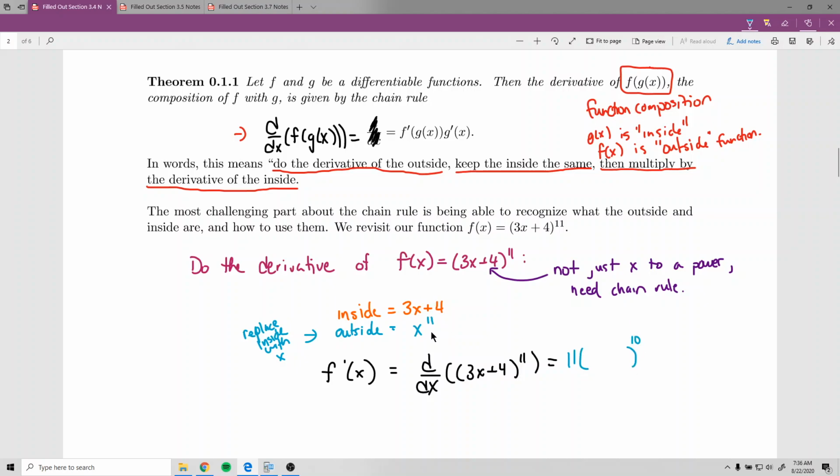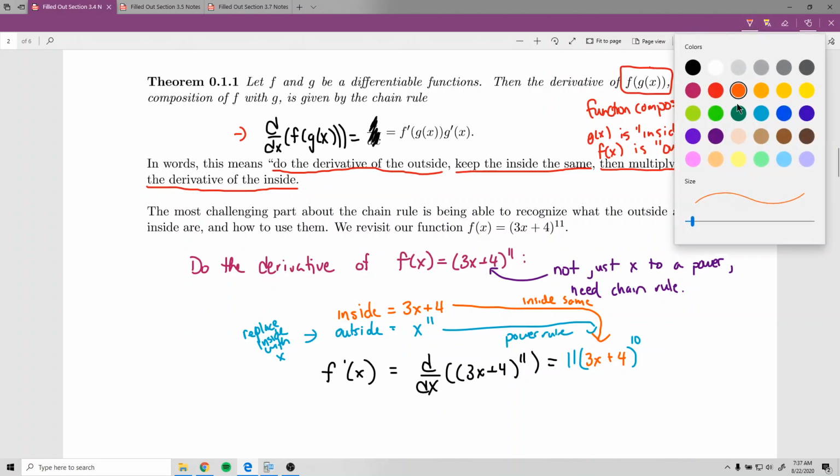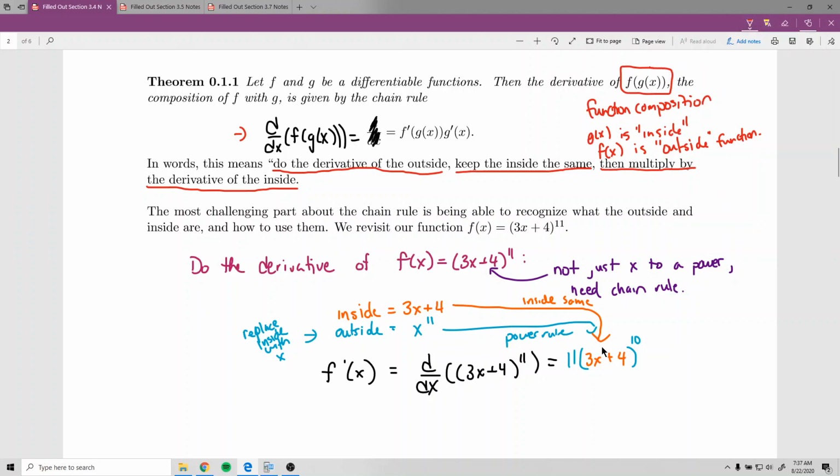We subtract 1, so that's our power rule. But the reason I left it blank is because we have to keep the inside the same when we do this. So instead of having just x on the inside, we have the 3x plus 4. You can see how it's basically the power rule at this point, except we leave the inside the same. We brought the power down, we rewrote the inside, we subtract 1 from the power.